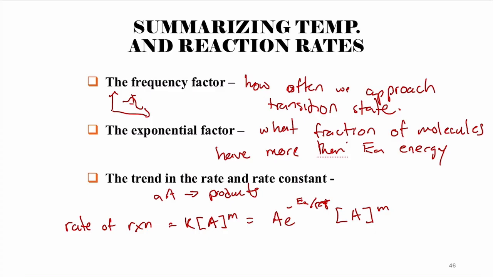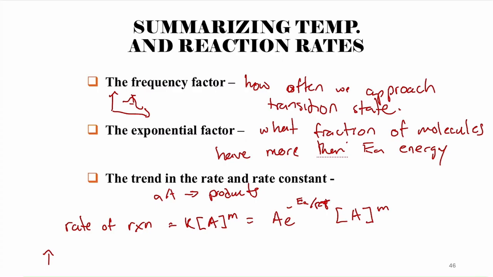So as we increase the temperature, that means that the exponential factor is approaching 1. That means that the rate is going to go up, right? As the exponential factor gets closer to 1, the rate of the reaction has to get faster. If the temperature goes down, or the activation energy is too large, this is approaching 0, and the rate of reaction goes down, right?